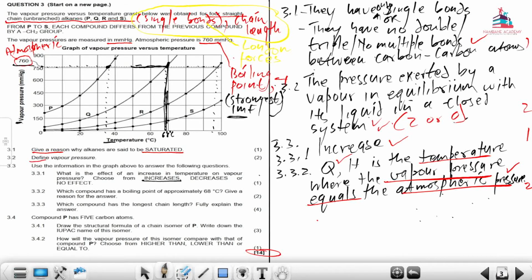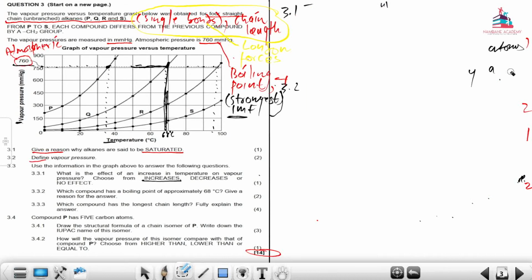So I'm going to create space here so that we can answer 3.3.3. The correct answer, we did say, should be S.